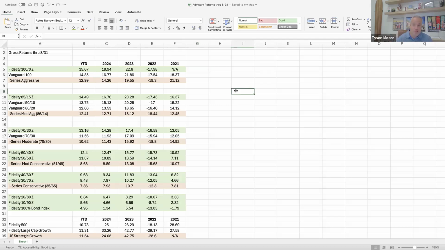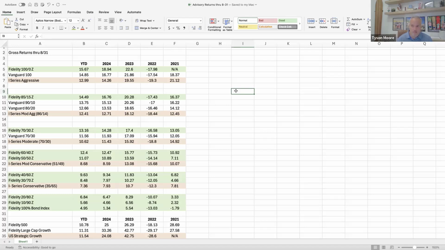per year return differential. Now, some of that is because Fidelity is a little heavier weighted towards US than I-Series aggressive is. There's a slight difference there, and US has been really strong.